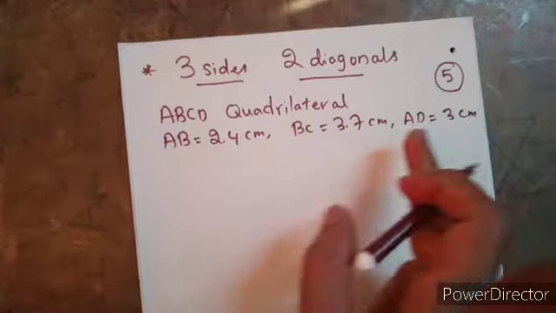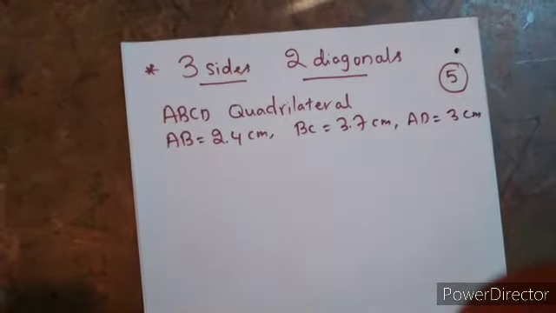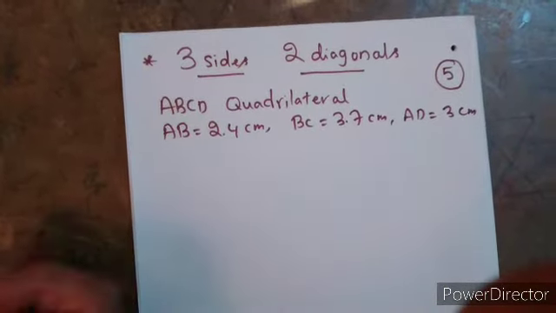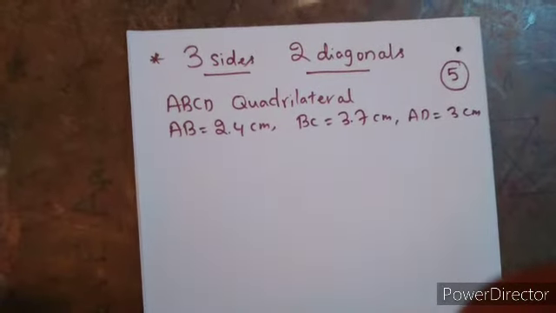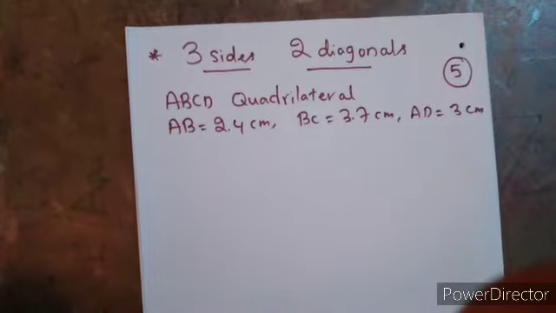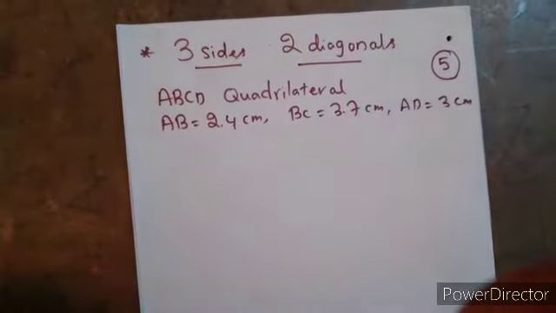AB, BC, AD, so we have to consider them as three sides. That thing we will decide after drawing the rough diagram. As of now, these three are the measurements.